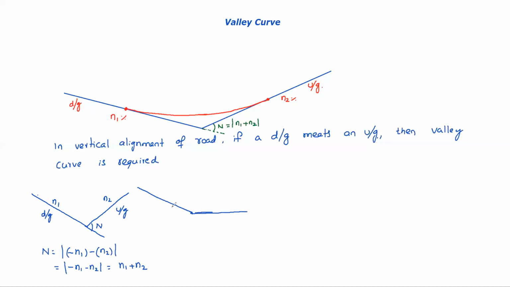Both are down gradients only. Here down gradient N1, again down gradient N2. See here, in the previous case it is valley curve, right? Here also it is valley curve, like this.